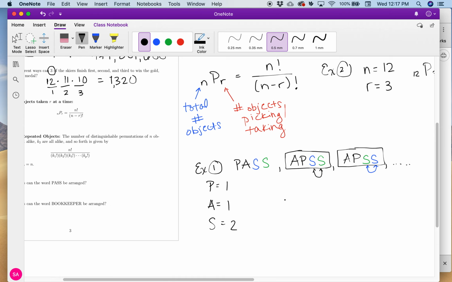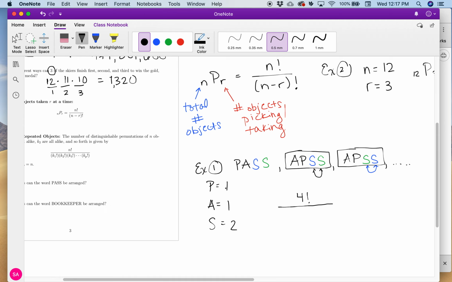Now we're going to use this formula. The top number is going to be however many letters you have in the total word. We have 4 letters, right? So I'm going to put 4 factorial on top. But then what we're going to do is divide by the repeats, essentially.